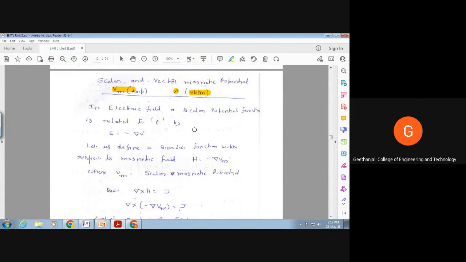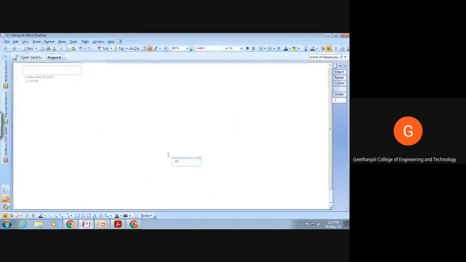When we discuss the magnetic field, we have seen that there are a number of similarities between electric and magnetic fields. For example, electric field intensity E and magnetic field intensity H are both analogous.